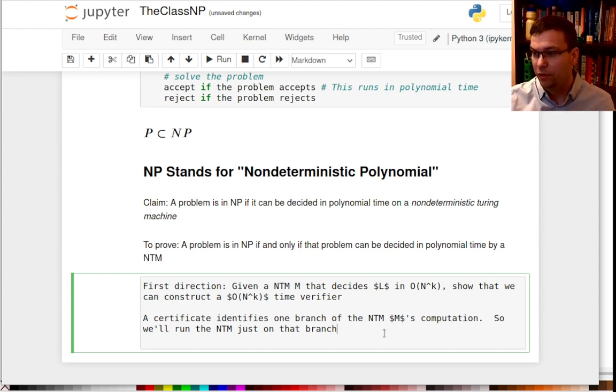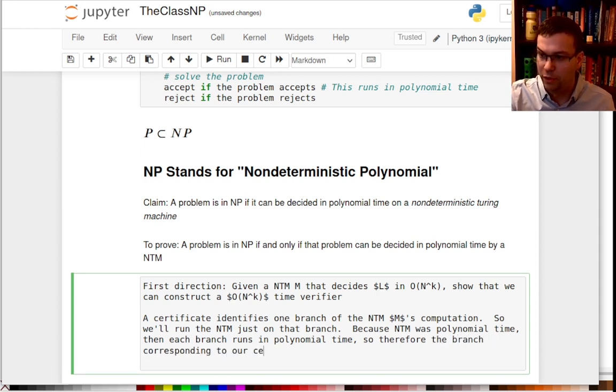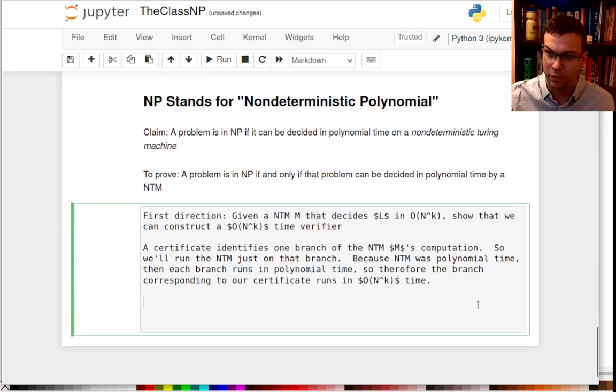Because the NTM was polynomial time, each branch runs in polynomial time. So therefore, the branch corresponding to our certificate runs in polynomial time. All right. So if we have a non-deterministic solver, then we can just pay attention to one branch of that solver, which is going to run in polynomial time.